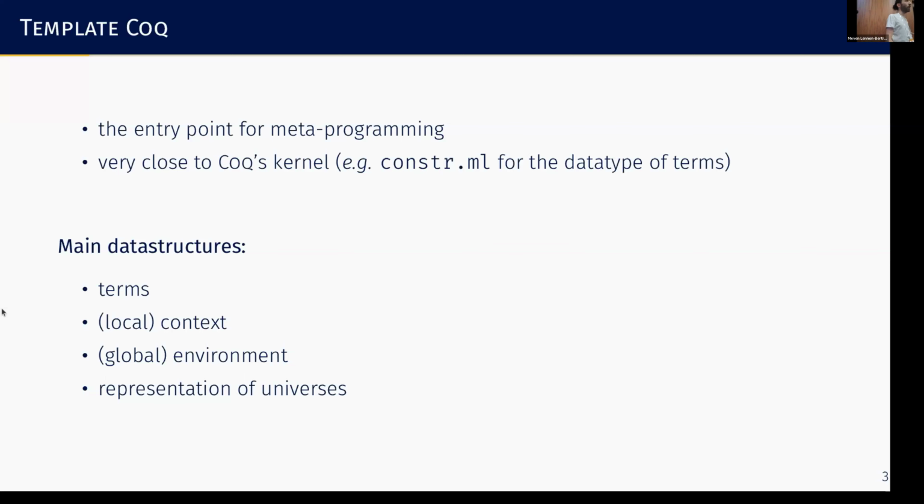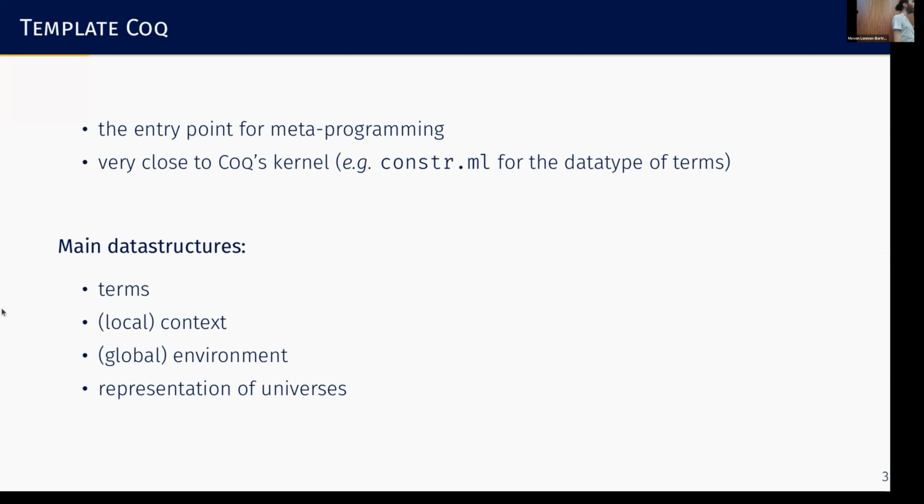So you have a representation of Coq terms, of course, like proofs and types. Of context, the local context, the thing that you manipulate when you're doing proofs, when you put variables in, etc. Of the global environment, the thing that contains all the definitions, the inductive type declarations, and so on, the thing that you load whenever you import a new file.